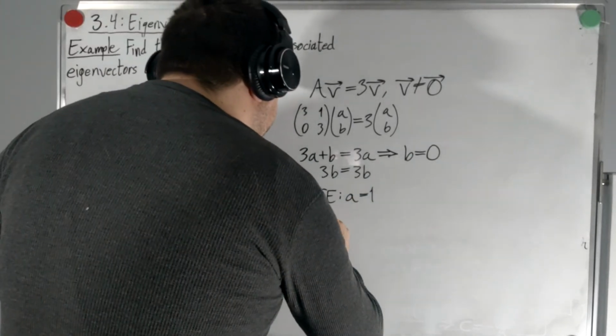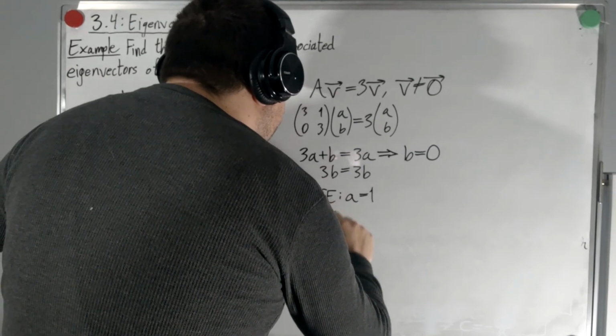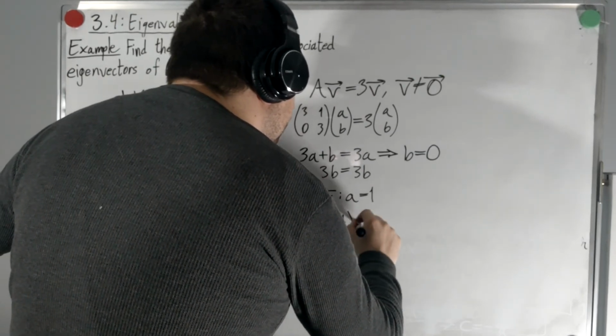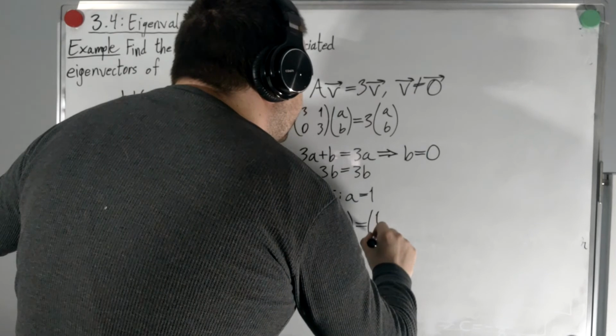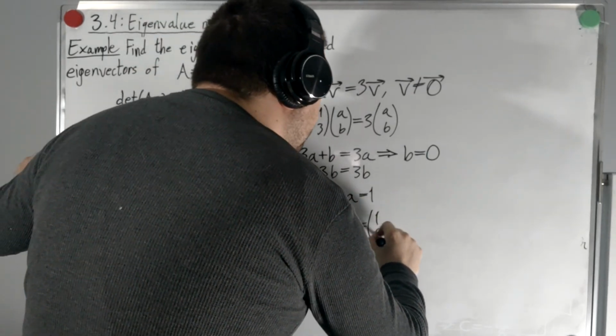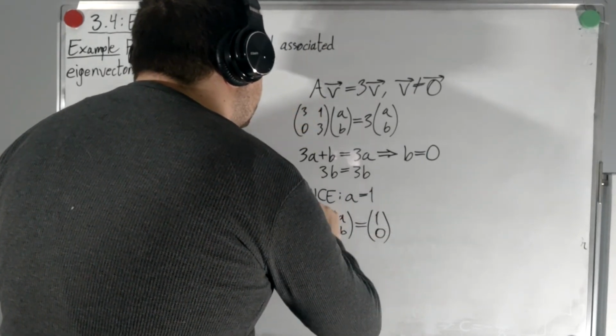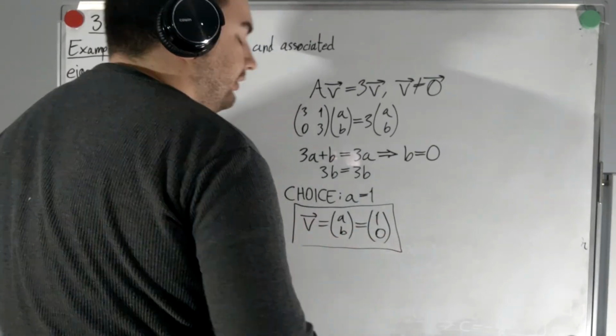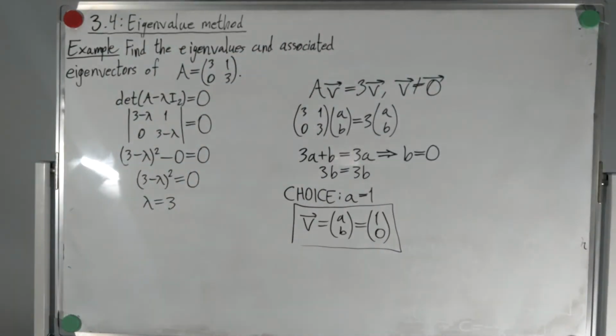If you do that, then v vector becomes (a, b), which is (1, 0). And that would be the eigenvector associated to the eigenvalue 3.